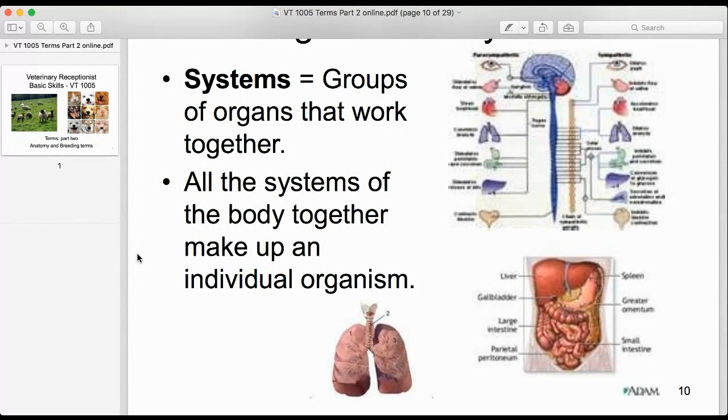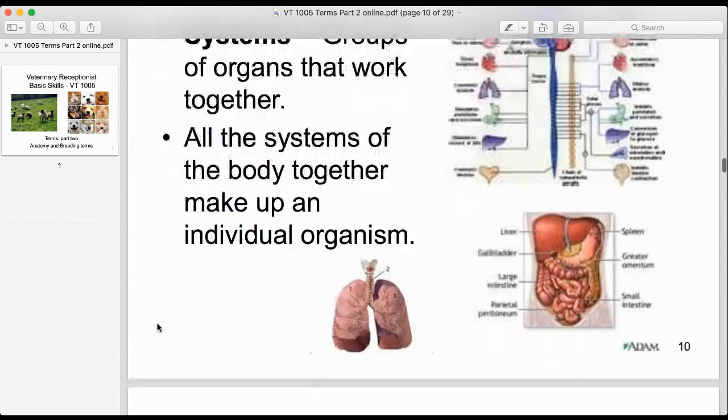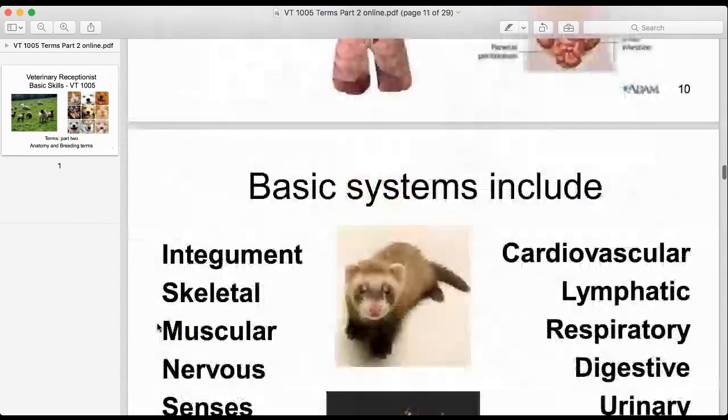So those are various organs that are included in our gastrointestinal system. You don't need to know all those different organs at this point in your learning. And then in the middle on the bottom is the respiratory system with the trachea and our lungs. So systems are organs that come together to form functions that they will do.